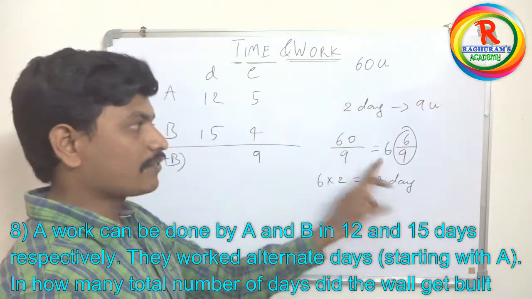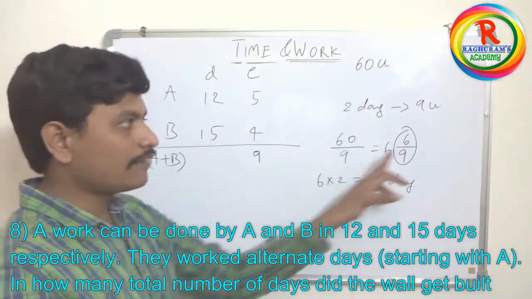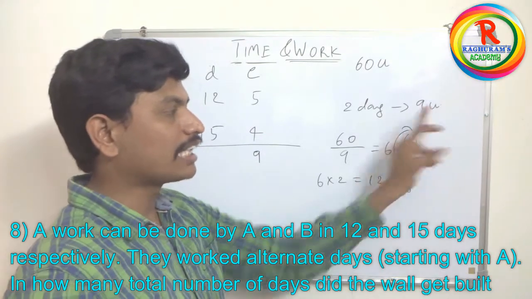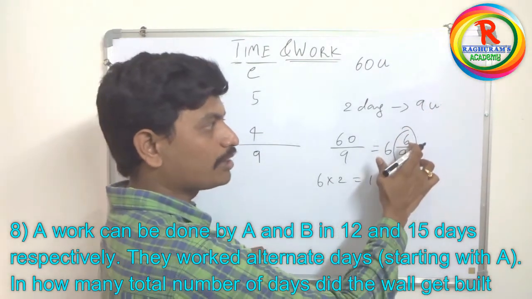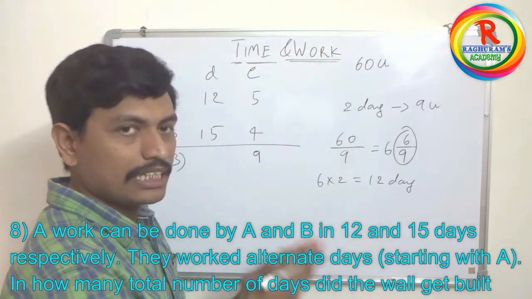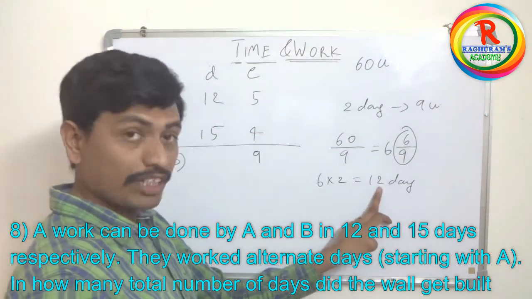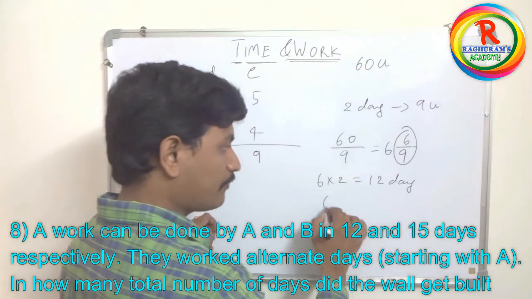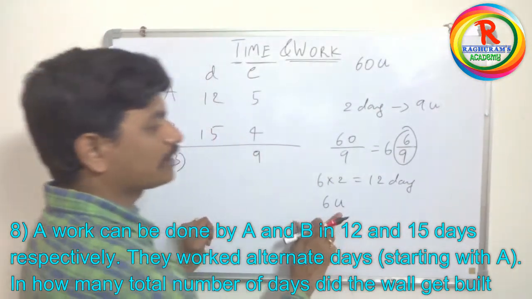In 12 days they have completed some part of the work. What is left? 6 by 9 units. Out of 9 units, how many units are left? 6 units left. So after working alternate days A and B for 12 days, 6 units of work is left.